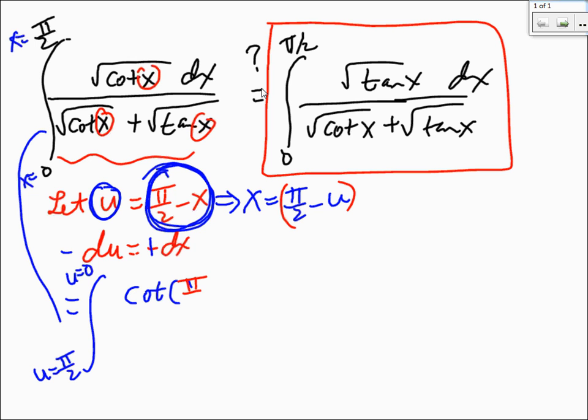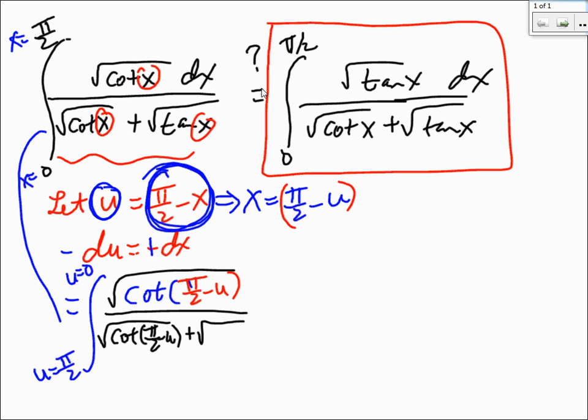So it's the square root of cotangent of pi over 2 minus u, over the square root of cotangent of pi over 2 minus u, plus the square root of tangent of pi over 2 minus u, times dx, which is negative du. I will put the negative in front.